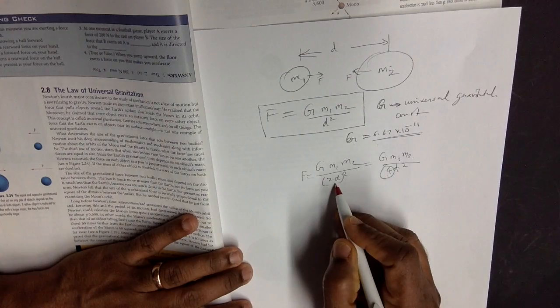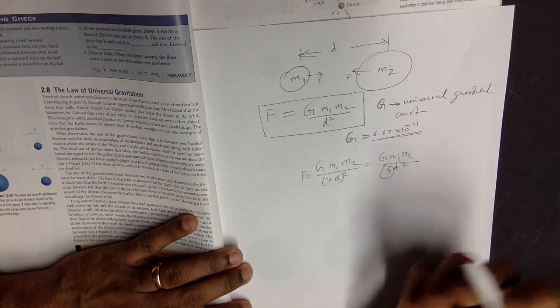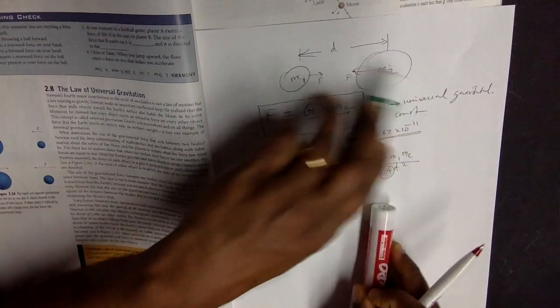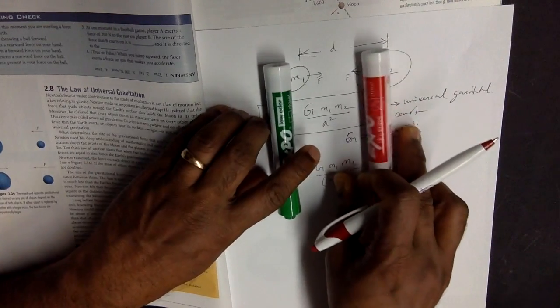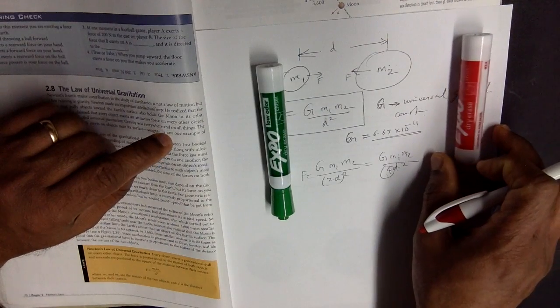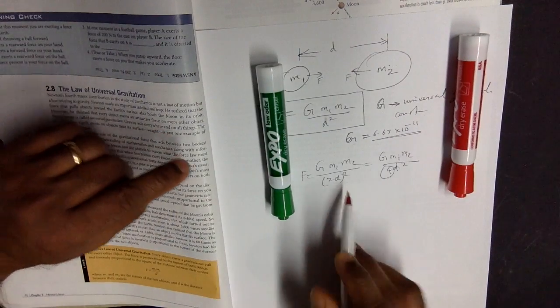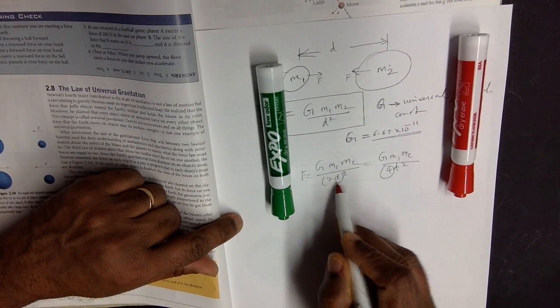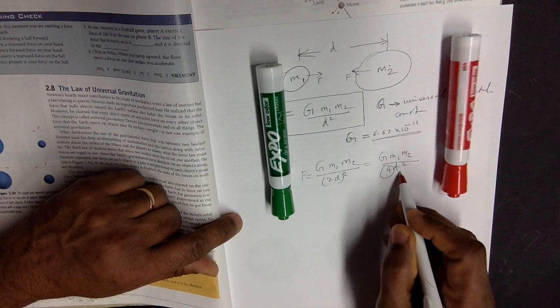So you can see over here, if for example the distance between them gets doubled, so if this is one object and this is the other object, and if the distance between them is just doubled, 2d appears in the denominator instead of d. So 2d the whole square is 4d square.